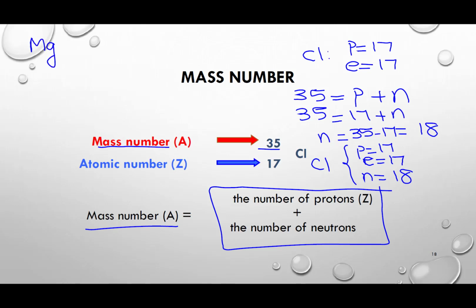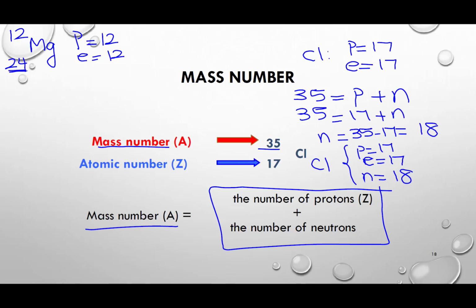Magnesium is 12 and 24. How would you know which one's which? The one that follows the order of the periodic table is your atomic number. As you could see here, 12 is the atomic number. That's why for magnesium, its number of protons is 12. Since it's neutral charge, its number of electrons is also 12. And what would be its number of neutrons?